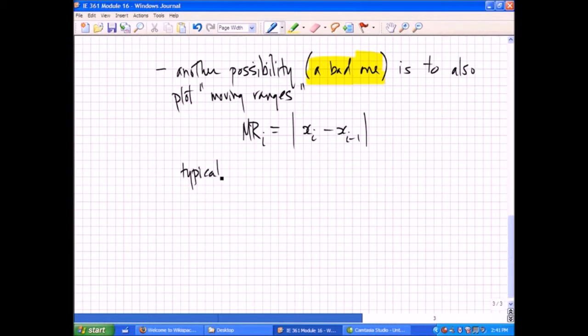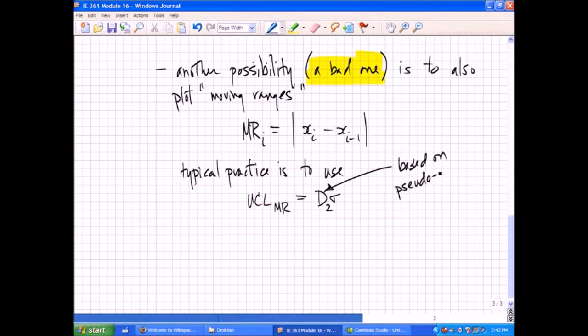Well, typical practice is to use an upper control limit for moving ranges that is based on a quote-unquote sample size of 2 and is big D2 times the process standard deviation, where this is based on not really a sample size but a pseudo sample size of 2.